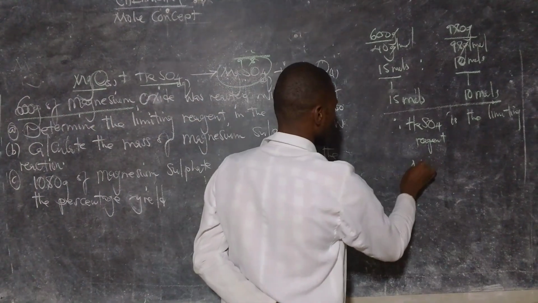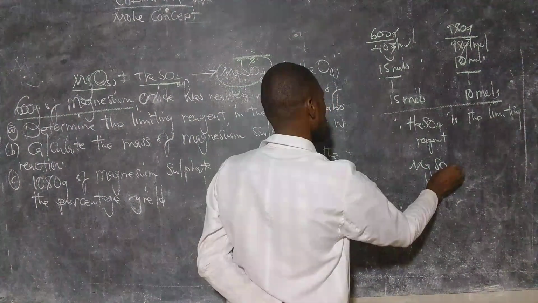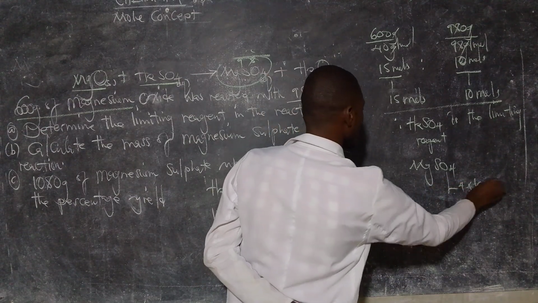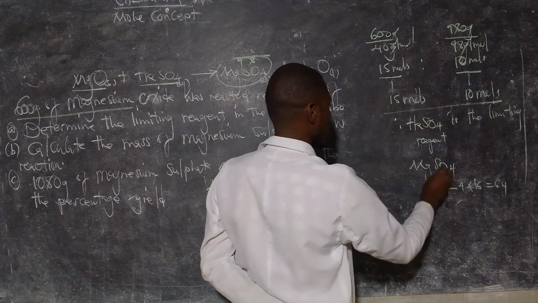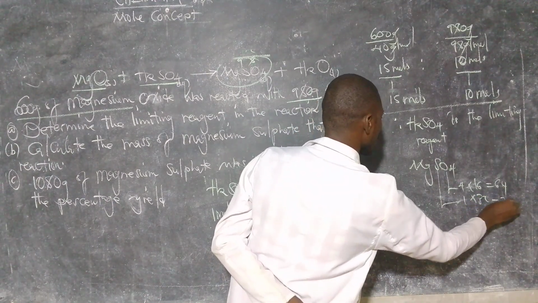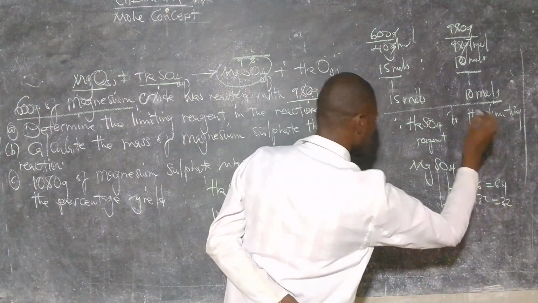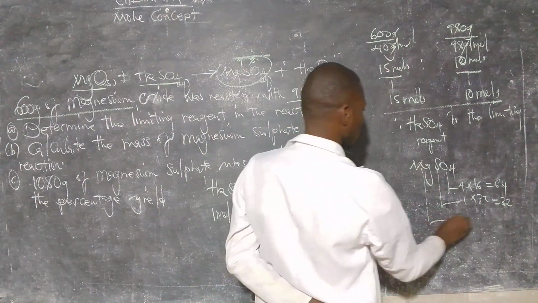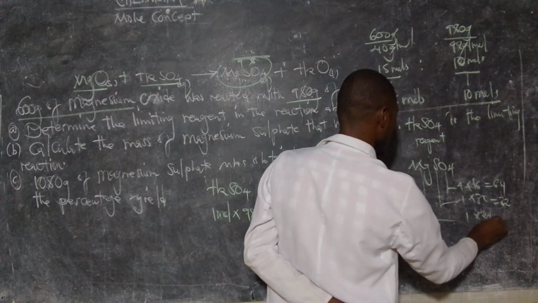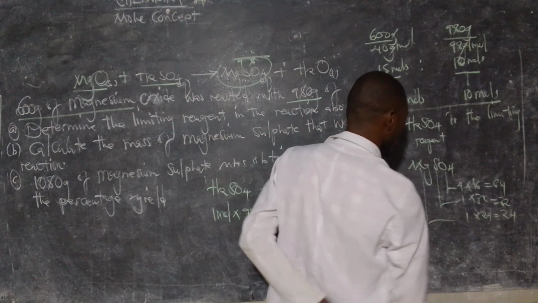So magnesium sulfate, of course 4 by 16, which is 64. Then sulfur 1 by 32, which is 32. Then magnesium also has a mass of 24. So 1 by 24, which is 24.